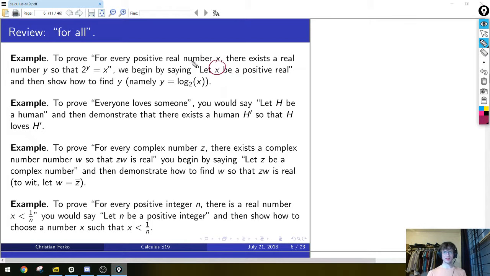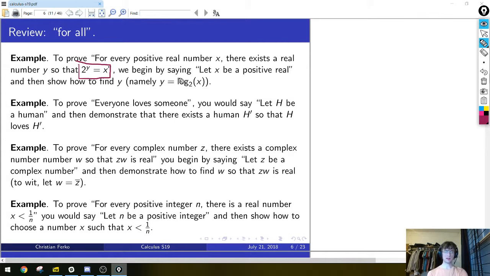So in the general scheme, you're assuming the element of this quantifying set is handed to you. Someone hands you an x, and then you show how to prove the claim for that x. So if someone hands you an x, you have to show how to find a y with this property, 2 to the y equals x.